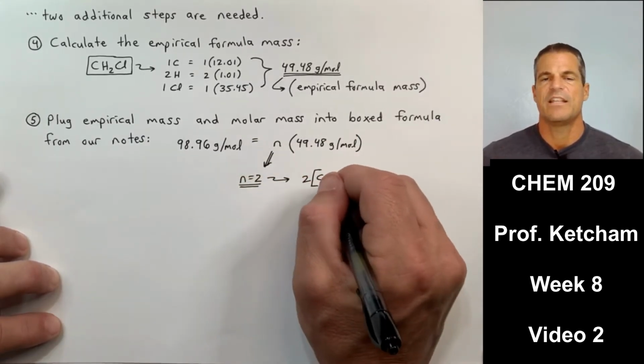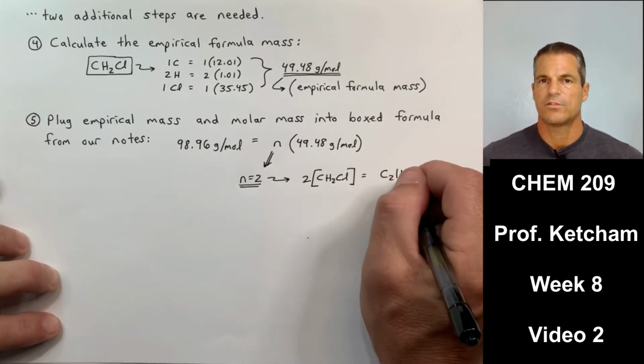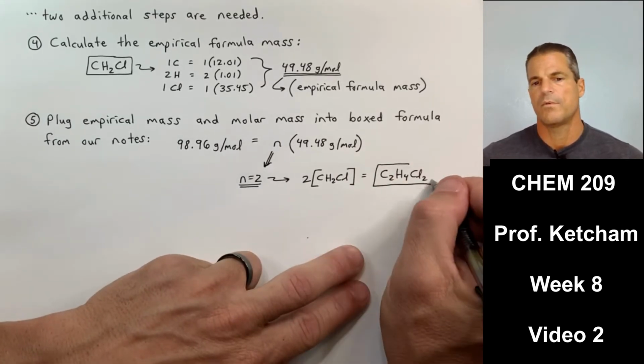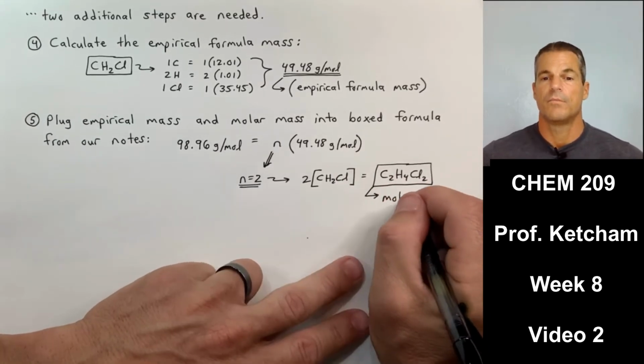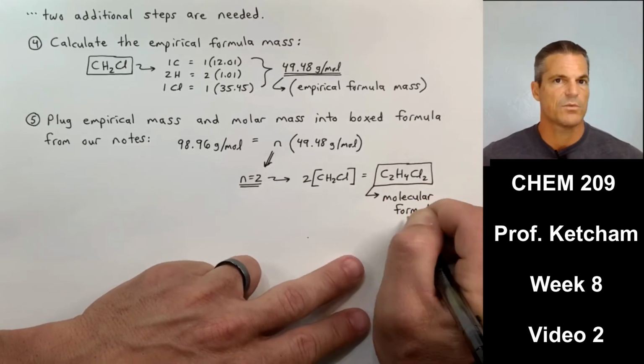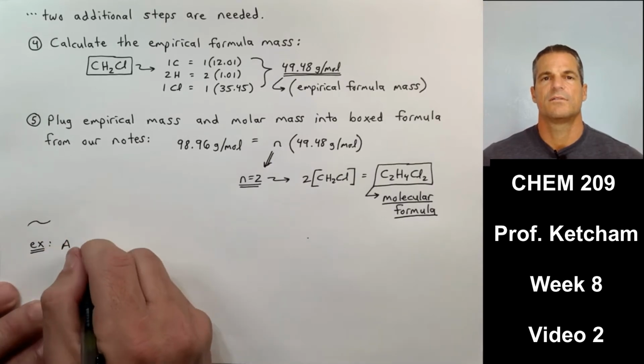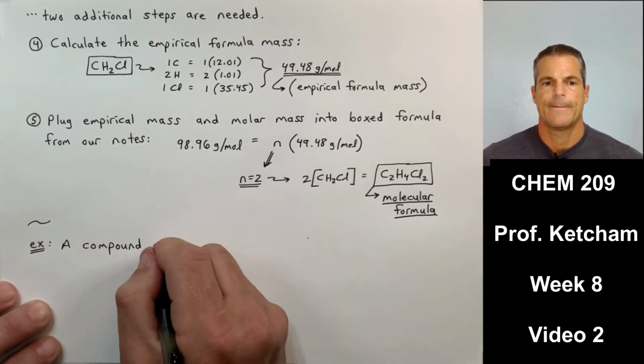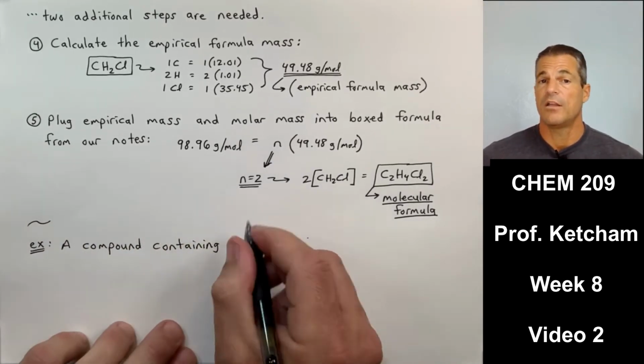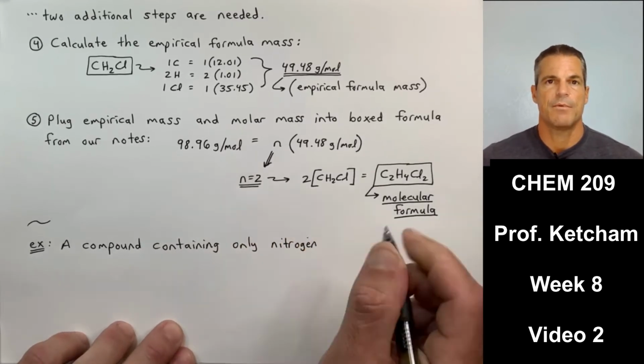We end up with N equals 2. So that's our multiplier. We multiply the empirical formula through by 2. The molecular formula and the actual formula of the compound is C2H4Cl2.